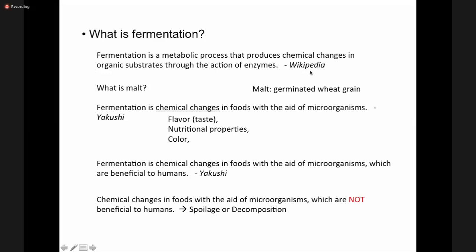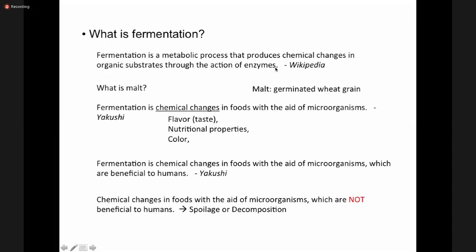It looks a little strange to me. Fermentation is a chemical change through the action of enzymes.